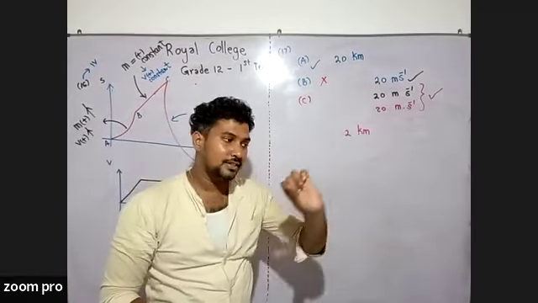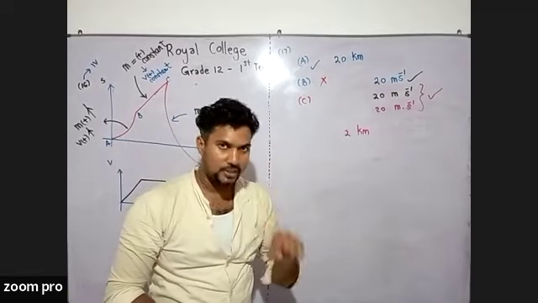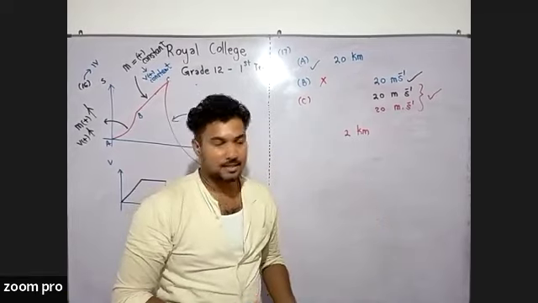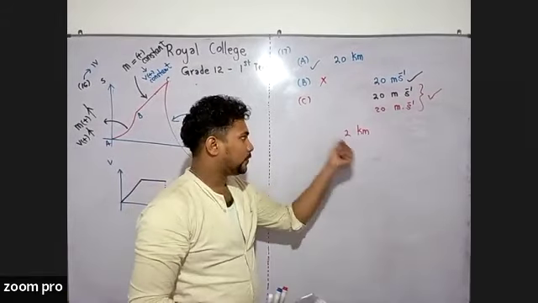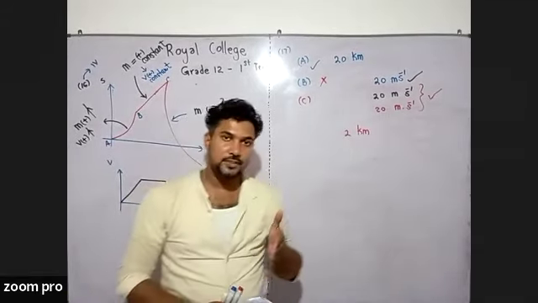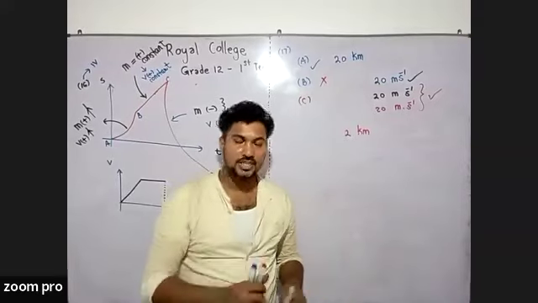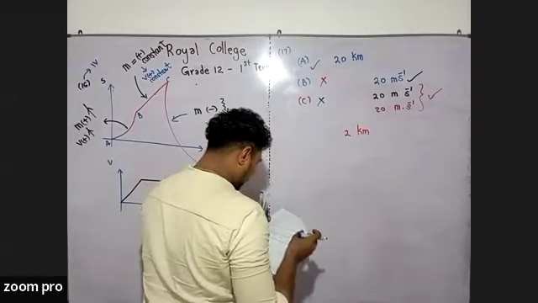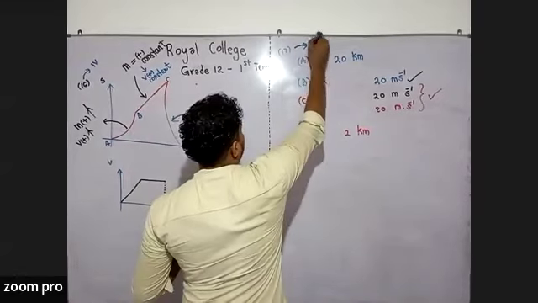When you write a unit which includes only the base units or the fundamental units, there can be a gap. But when you write a unit with the multiple units, there's no gap between these, right? So the C statement is also incorrect. So the correct one should be the first one.